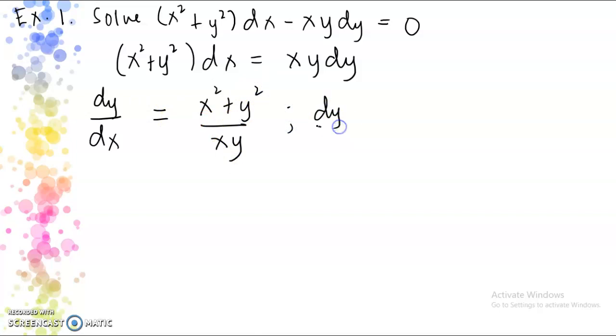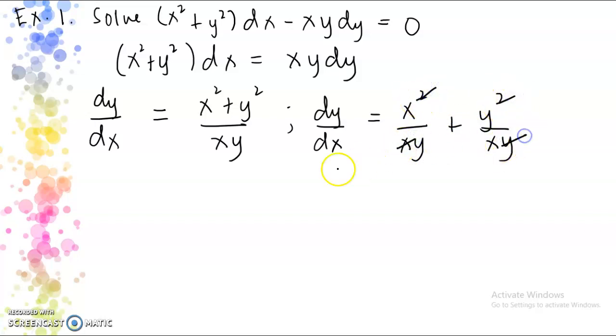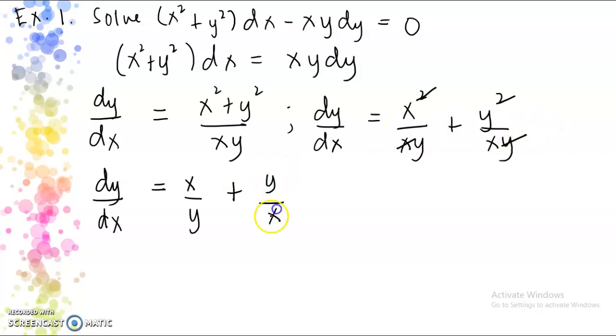Simplifying, we have dy over dx equal to x squared over xy plus y squared over xy. The y cancels, therefore we have dy over dx equal to x over y plus y over x.